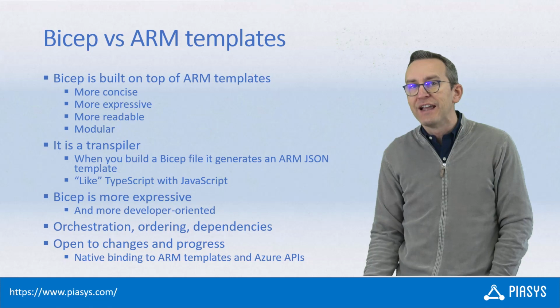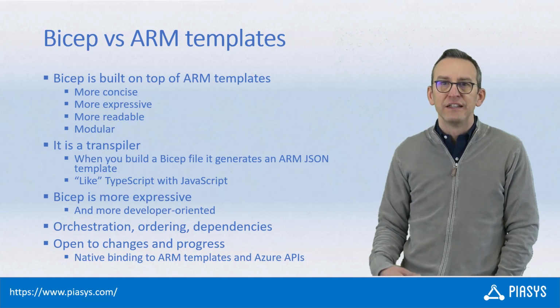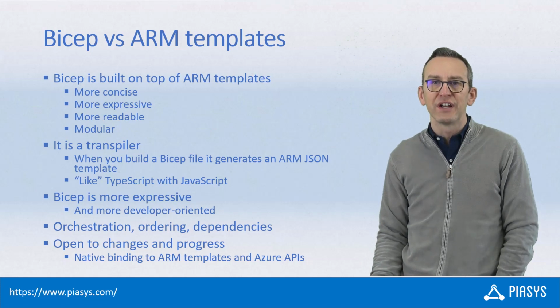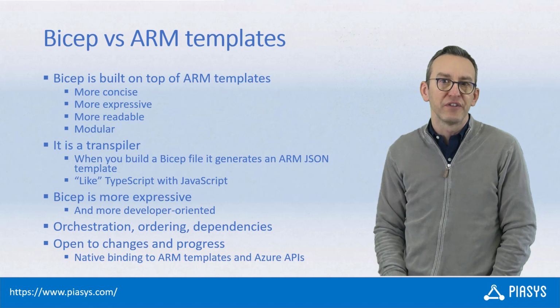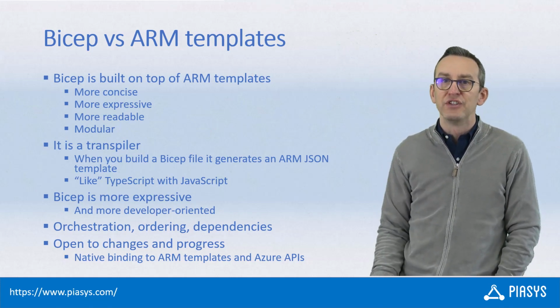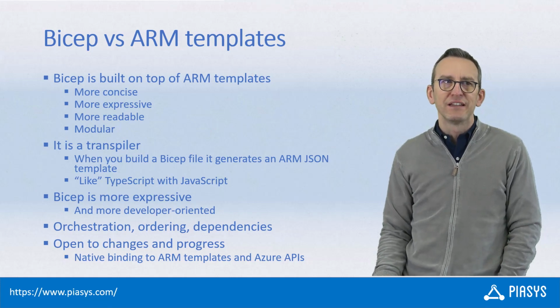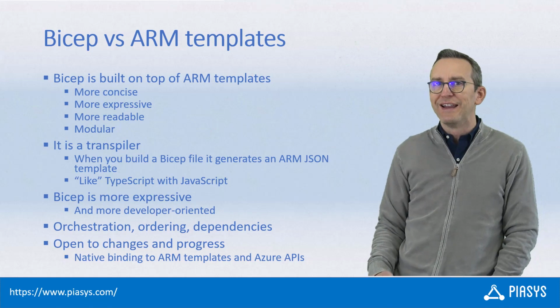Moreover, at the very end, Bicep is just a transpiler, so there will be a build process which will still generate a JSON ARM template for you. But you can use a more expressive and more developer-oriented language to create such JSON templates. Let me say that it is somehow like TypeScript with JavaScript, if we want to make an example.